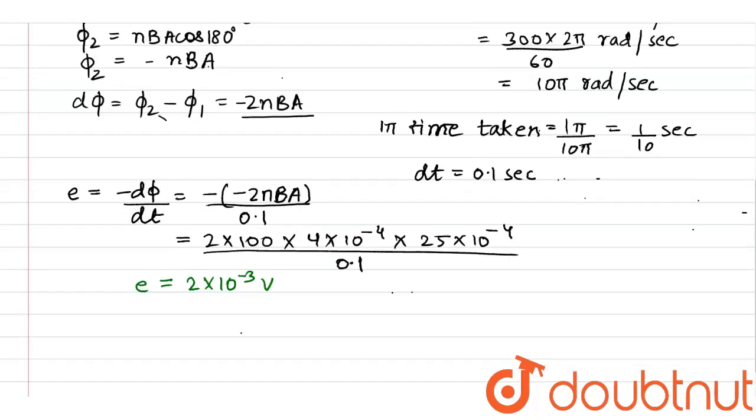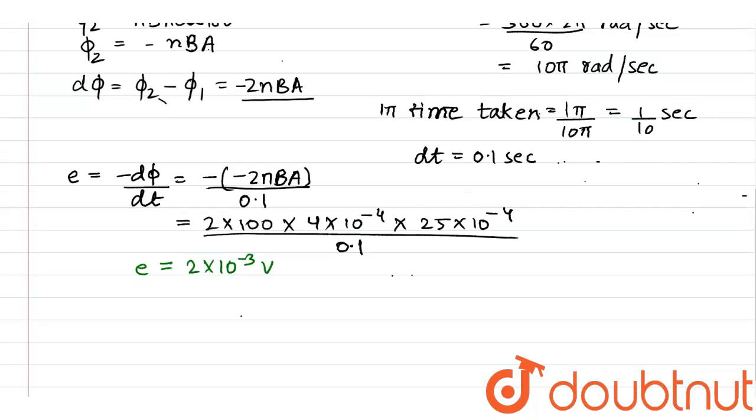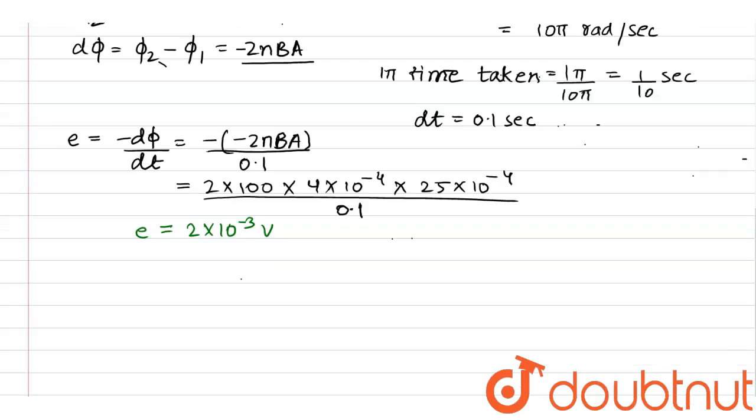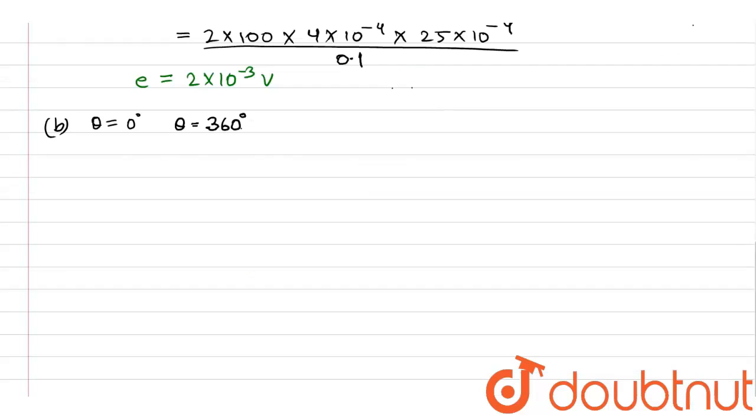Now for our other parts, we have to calculate it for the complete rotation. So the B part is asking for the EMF for the complete circle. So theta, when we are starting with the rotation, is going to be equivalent to 360 degrees. So when we take this as the value, for the first case, phi is going to be NBA, just like in the first part.